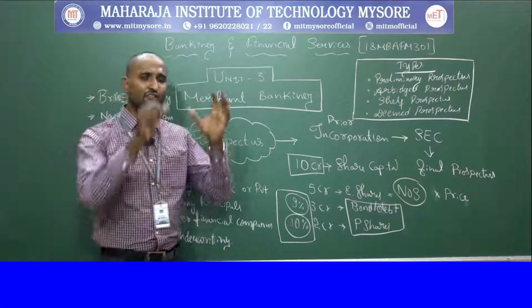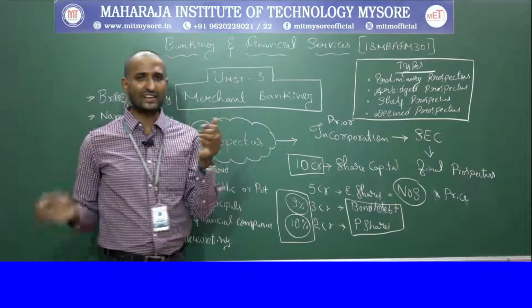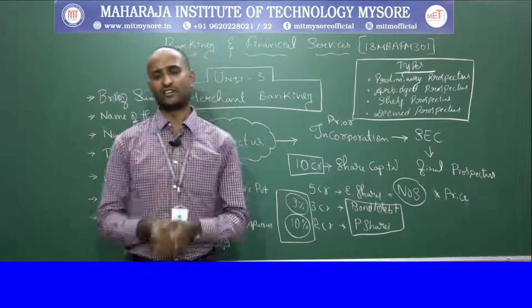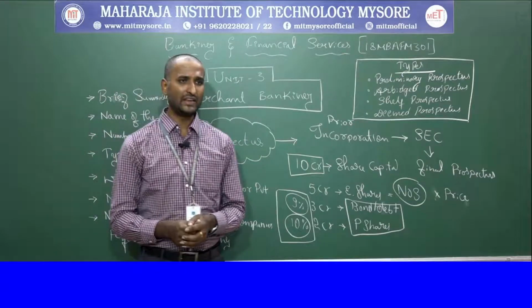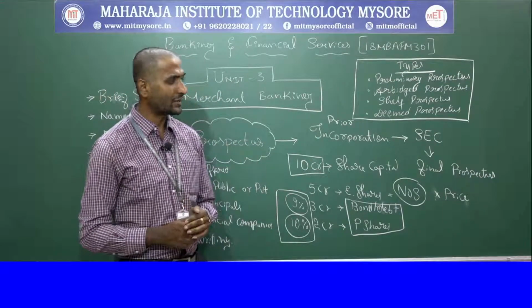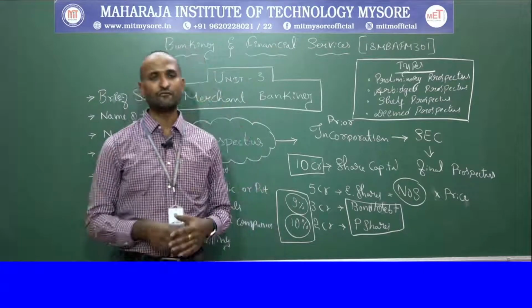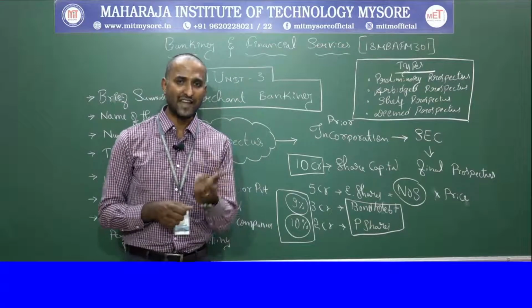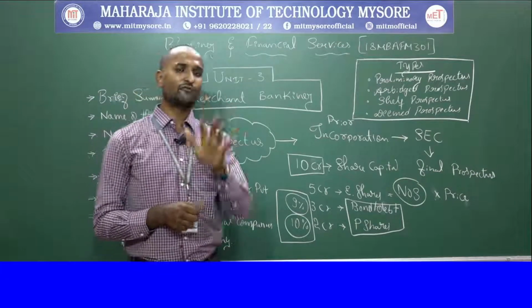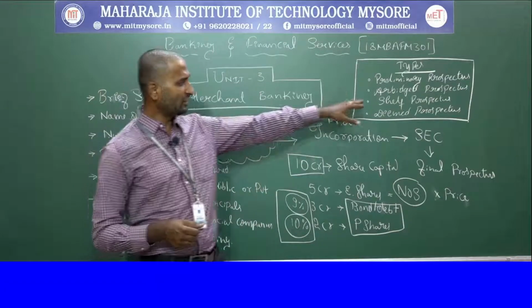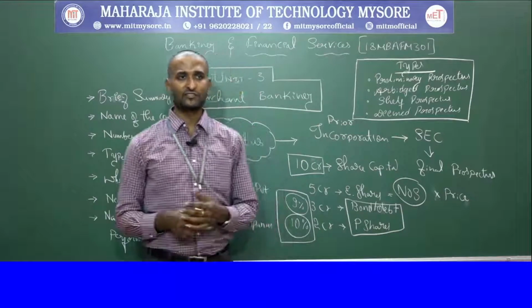So instead of providing a lengthy prospectus, it gives summarized information about the company. As an investor, they are not looking at every piece of information. They focus on whatever is catchy or most attractive. So for them it is most beneficial to go for an arbitrage prospectus.